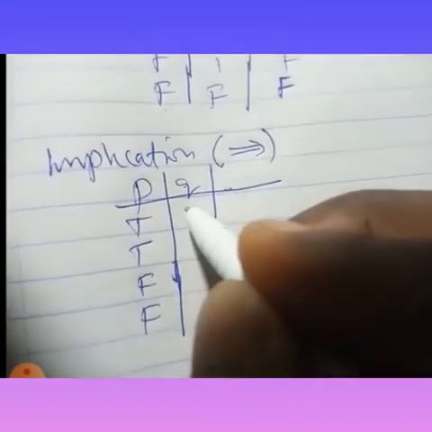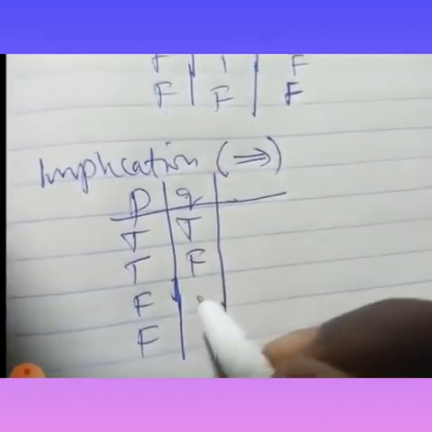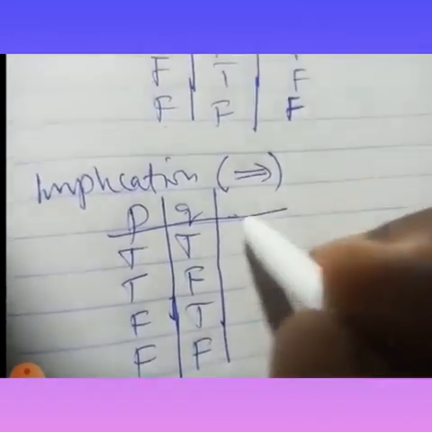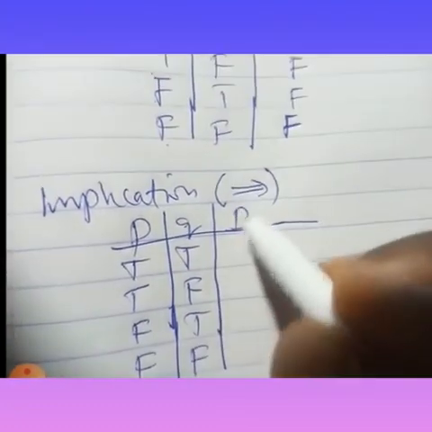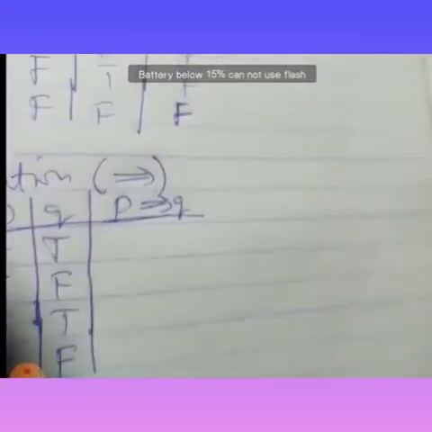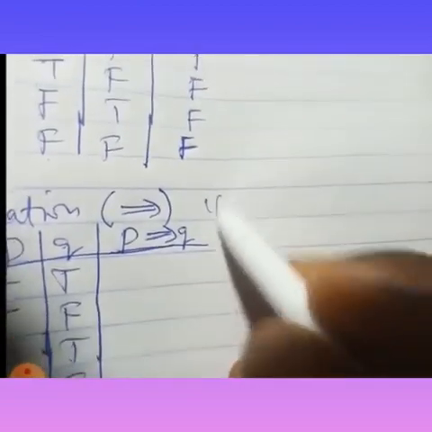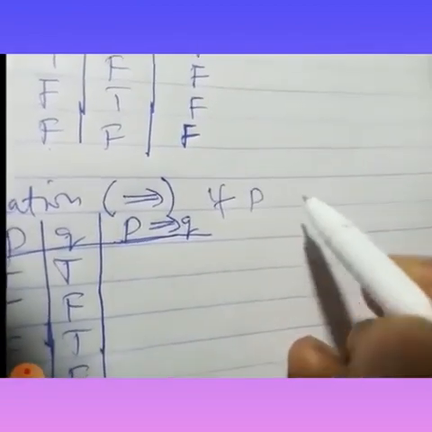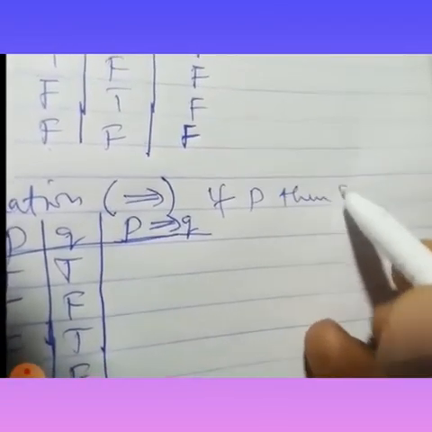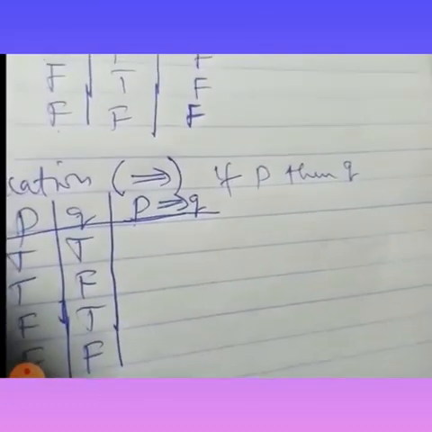And here we have true, false, true, false. So P implies Q. Now, this is how implication works. I told you that it is if P, then Q. That is the meaning. P implies Q.